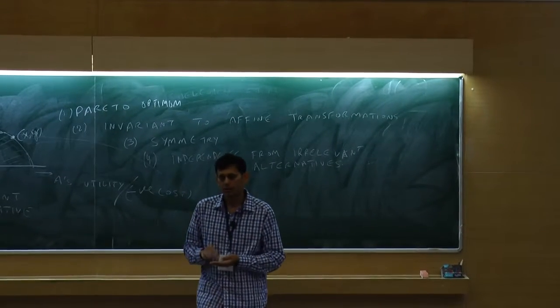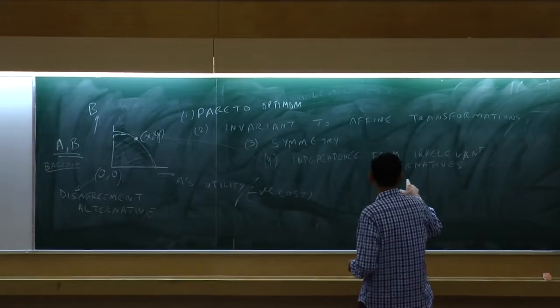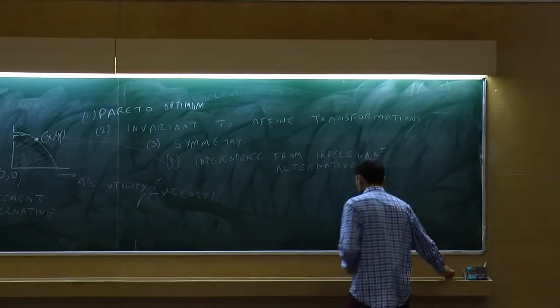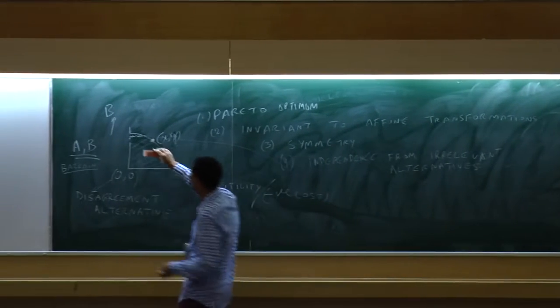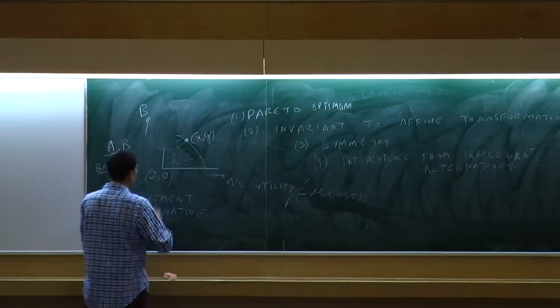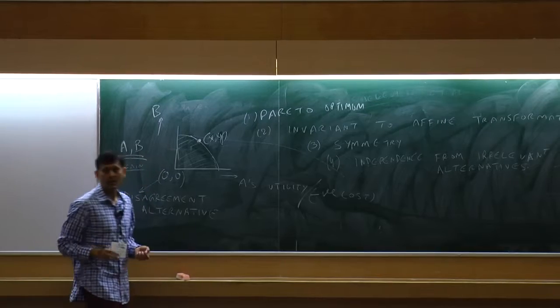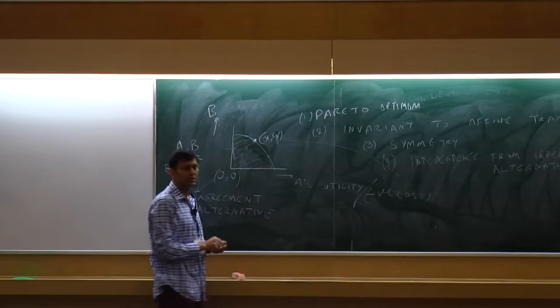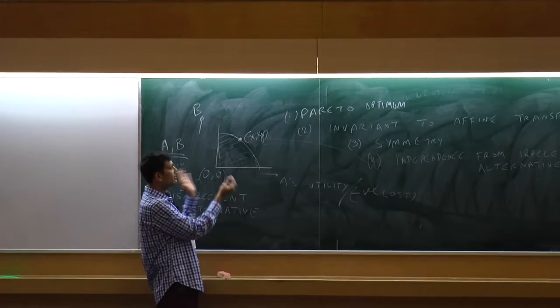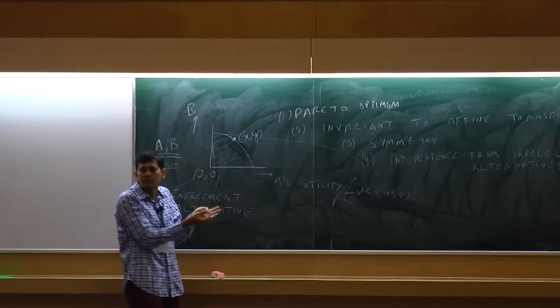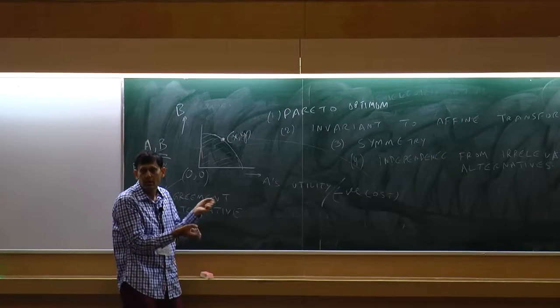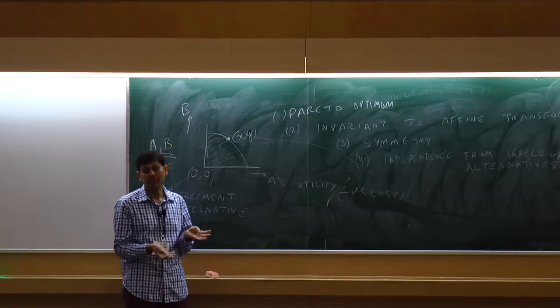Sorry. The fourth point is the independence from irrelevant alternatives. And what that means is, let's say this is my feasible region for my utility, and let's say this is the point that I choose. If I chop off regions of the feasible space, so this might be, for example, a cake cutting problem, and the utility depends on how much cake there is available.